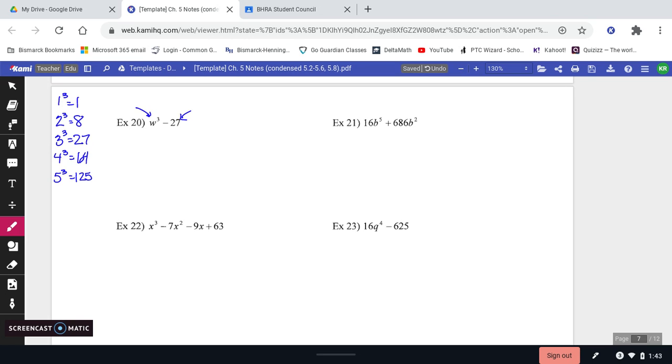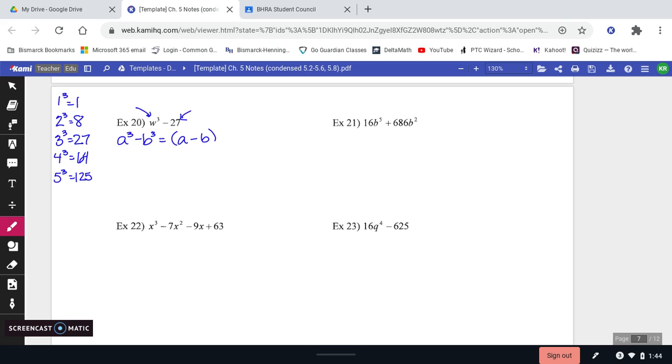Okay, so those are all perfect cubes. So it's kind of worth having an idea of what those numbers are, being a little bit familiar with those numbers. So you'll notice that 3 cubed gives you 27. So 27 is a perfect cube. So it does fit the a cubed minus b cubed pattern.